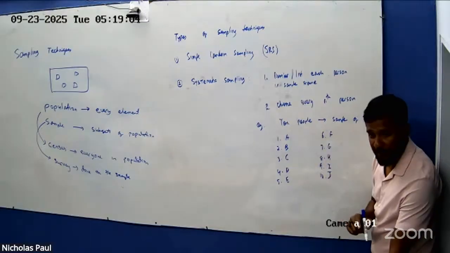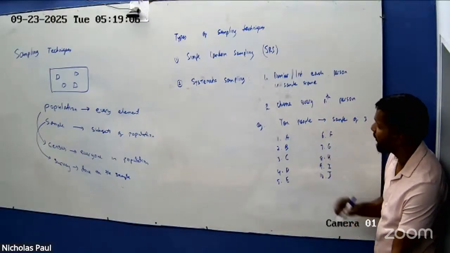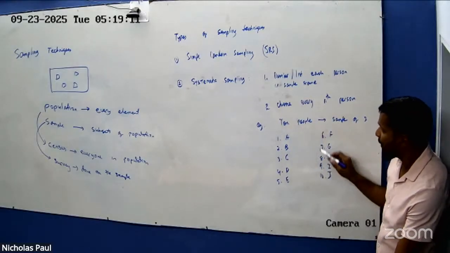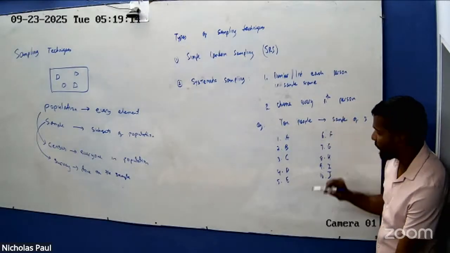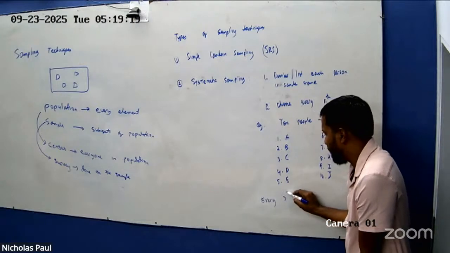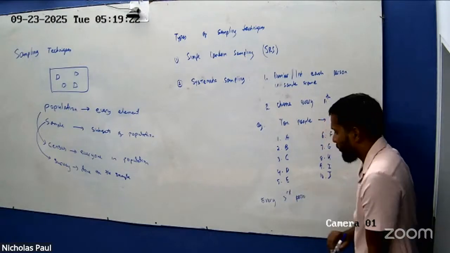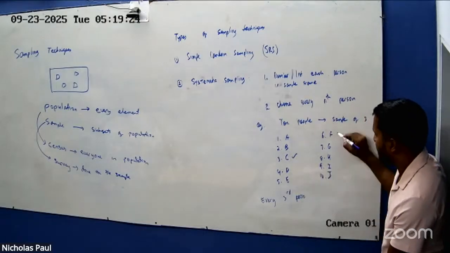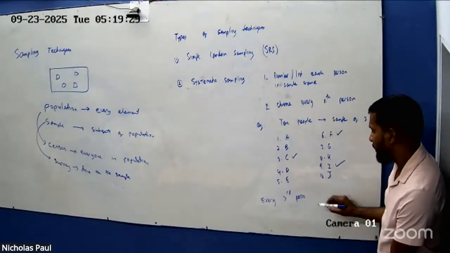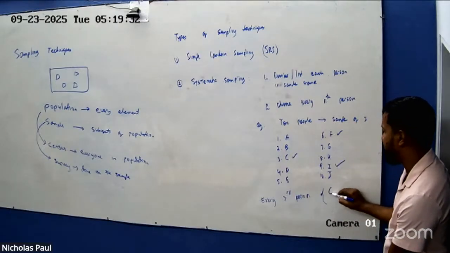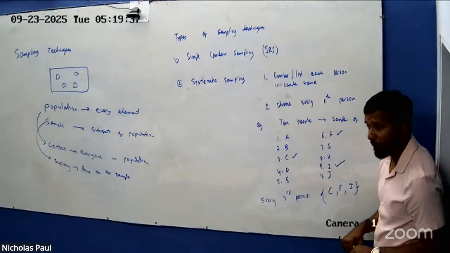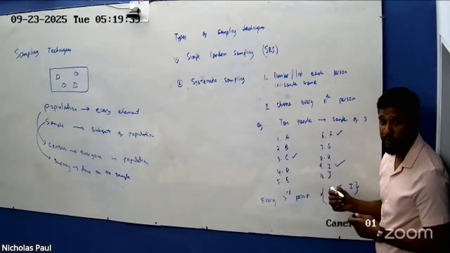We could use systematic random sampling. All I have to do is number everybody and then choose every nth person. For example, I might choose every third person. So I'll choose C, then F, then I. I'll end up with a sample C, F, I.